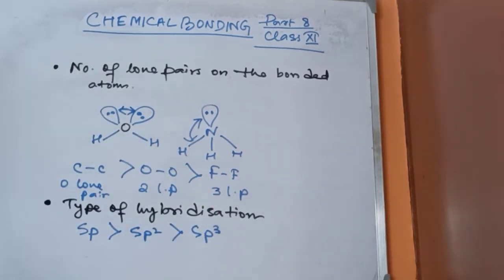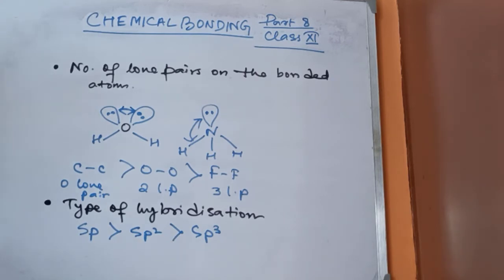So the bonds formed by the combination of one s and one p are much stronger as compared to one s and three p's.